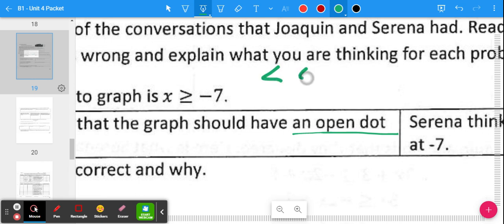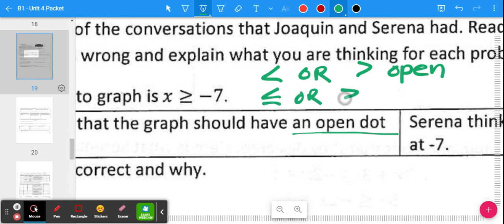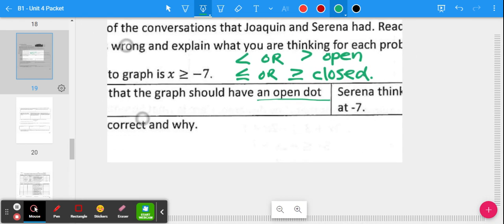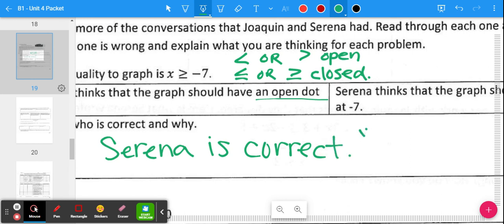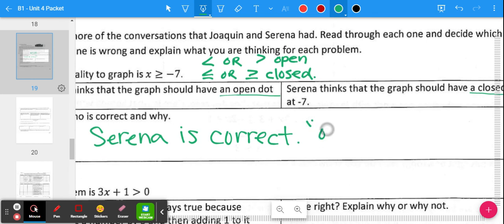So when it's less than or greater than, it's open; less than or equal to or greater than or equal to is closed, which means that Serena is correct, because the "or equal to" means closed dot.